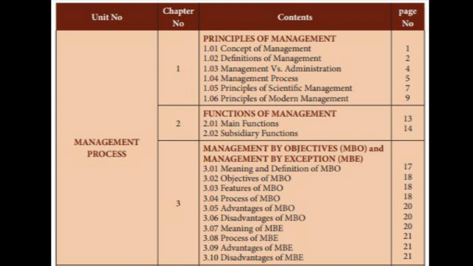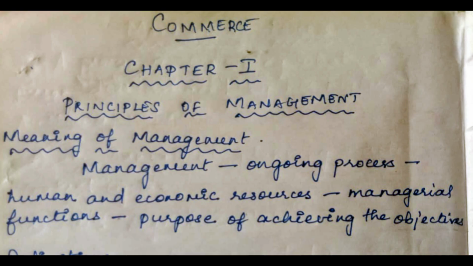We can say that we are managing the library, the classroom, the home. In the same way, the word management is used in our business also. Coming back to the subject, now we will see the meaning of management.